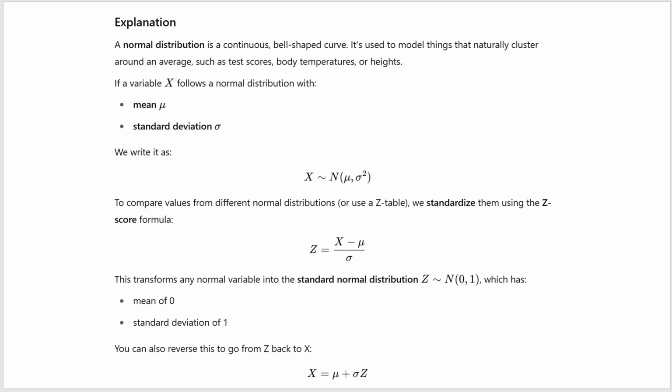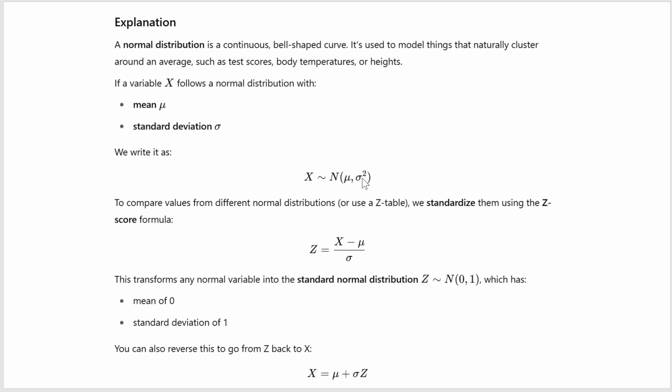So if a variable follows a normal distribution, it has a mean and a standard deviation, and we can write that x variable as normally distributed with a mean of mu and a variance of sigma squared. Now to compare values from different normal distributions, let's say you have age and salary.